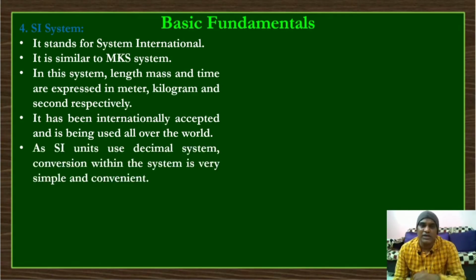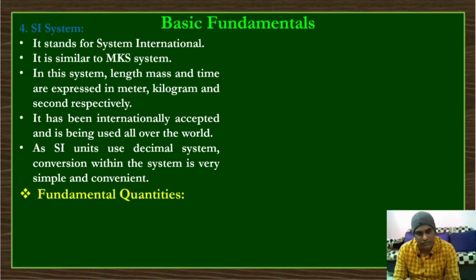And this SI system uses decimal conversion, so conversion of units is done very easily. If some unit is in centimeter or FPS or MKS, you can easily convert it into the SI system, because in the SI system decimal powers like 10 raised to power minus 2, 10 raised to power 5 are used. So this is a very important and mostly used worldwide system of units.